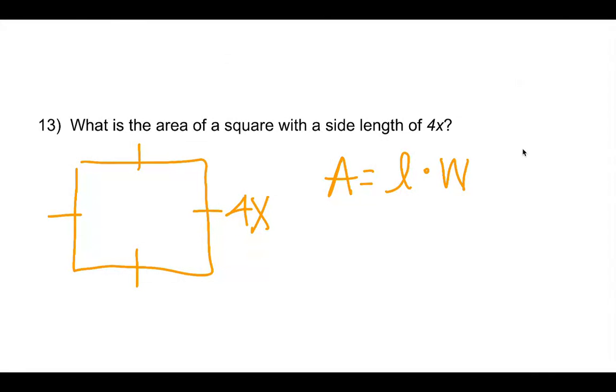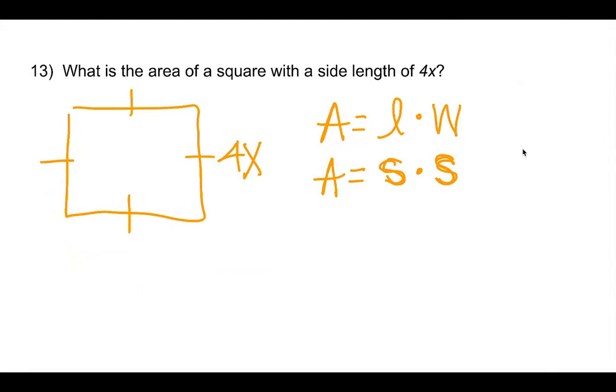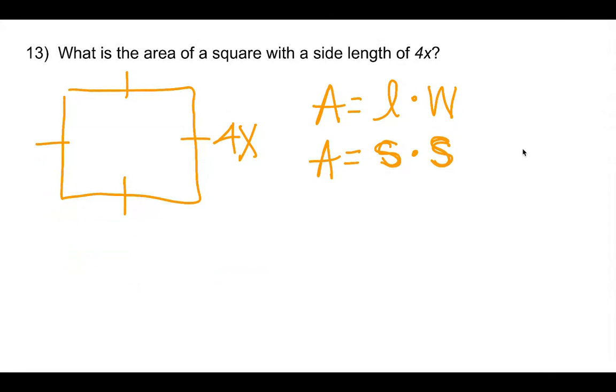So it doesn't really have a length and a width. It's just called a side because all the sides are the same. So what I'm really doing is side times side. Yes, I know what I just wrote, but I really needed to write this for purposes, so please ignore the word there. But A equals S times S, side times side.